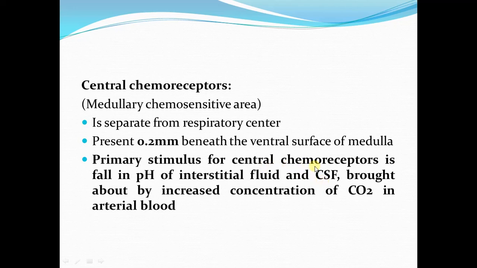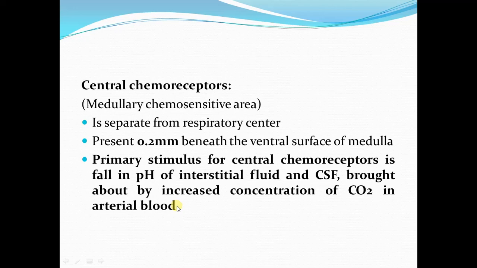However, this increased concentration of hydrogen ions, or fall in the pH of interstitial fluid and CSF, is brought about by an increased concentration of carbon dioxide in the arterial blood. This is very important.